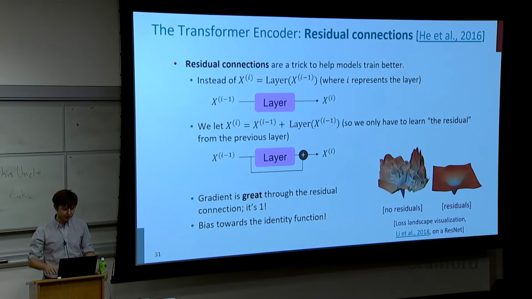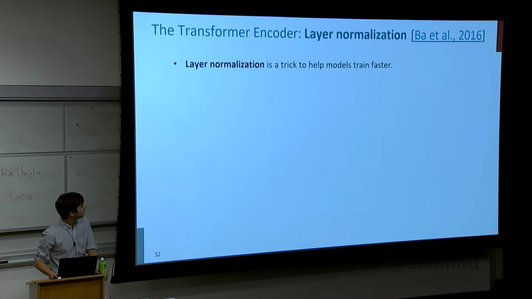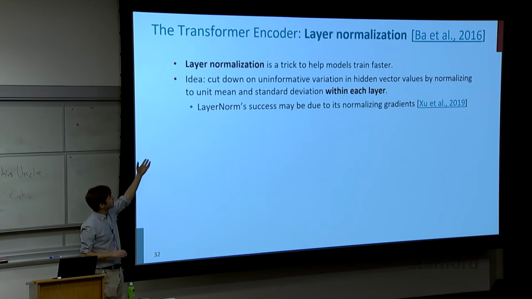So we've seen residual connections. We should move on to layer normalization. Layer norm is another thing to help your model train faster. The intuitions around layer normalization and the empirical fact that it works very well maybe aren't perfectly connected, but you should imagine that there's variation within each layer.